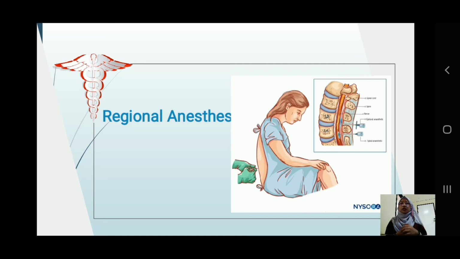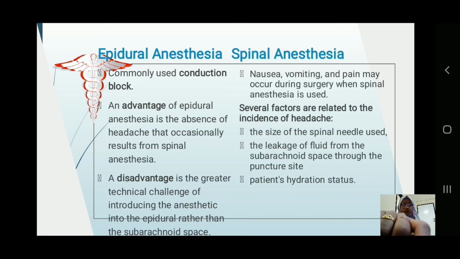Sensation is lost in the abdominal, genital, and pelvic area. It is used in childbirth and gynecological surgery. So we have epidural anesthesia and spinal anesthesia.